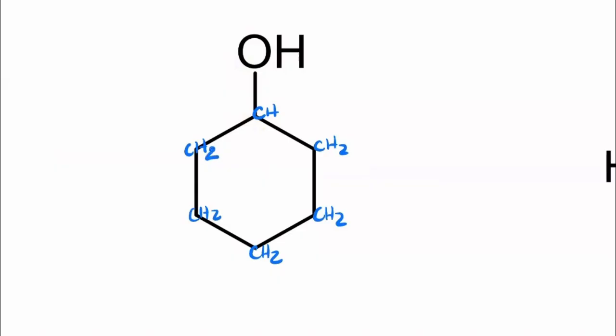The carbon that is holding the OH is connected specifically to 1 carbon chain, 2 carbon chains. So cyclohexanol is going to be a secondary alcohol.